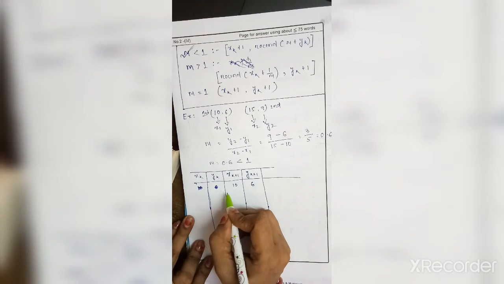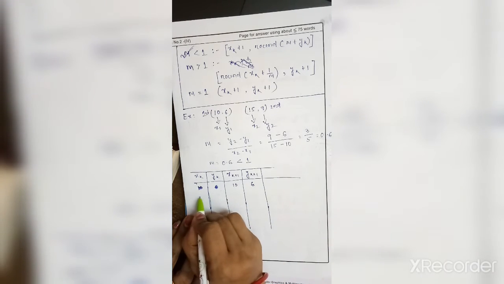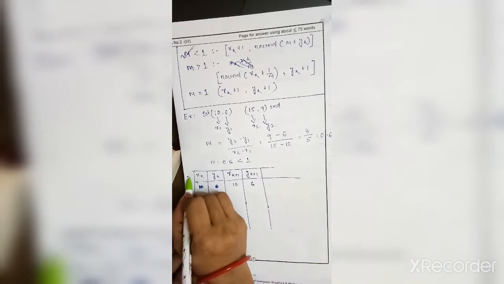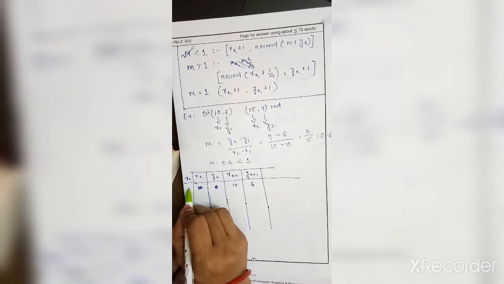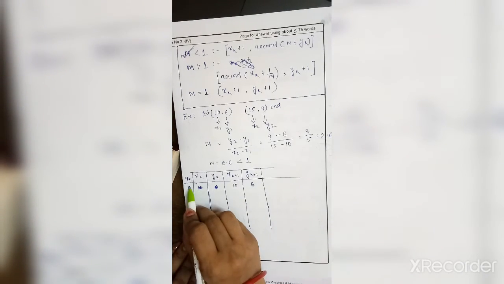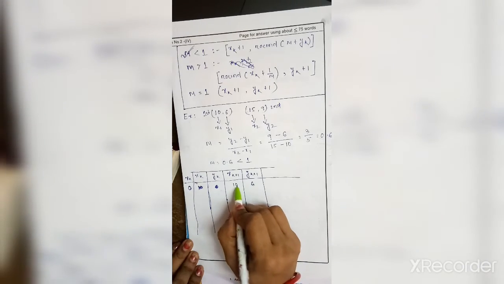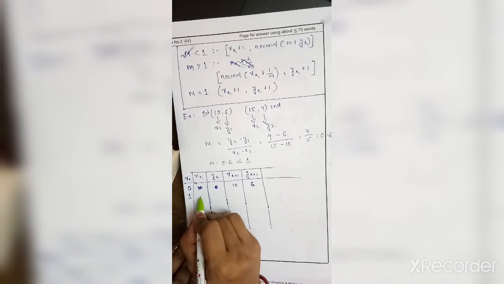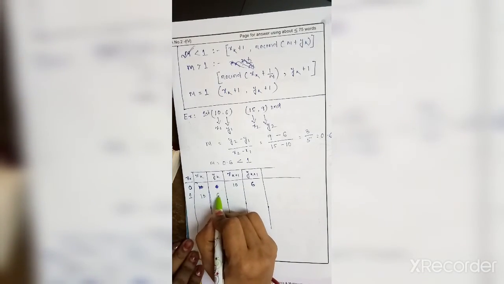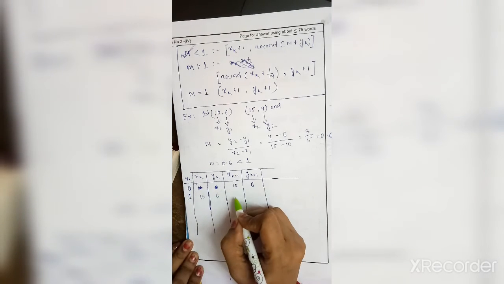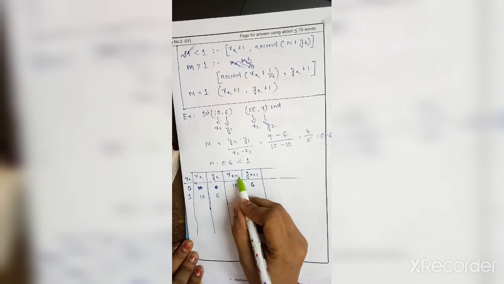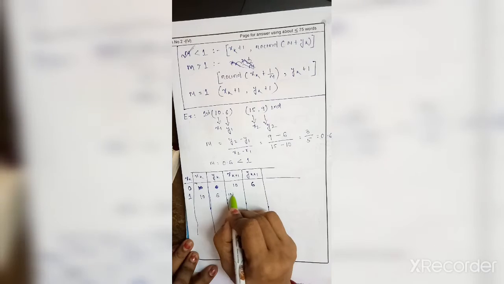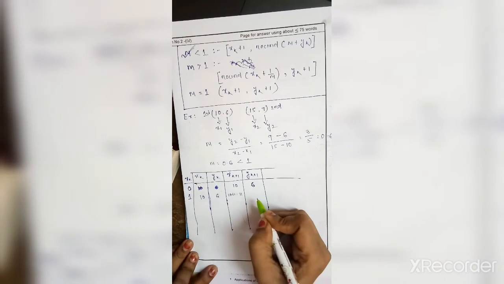Then next we have to find out xk value. This is the first iteration, iteration 0, when the k value is 0, xk is 10 and yk is 6. Then how to find xk plus 1? xk plus 1 is 10 plus 1, equal to 11.